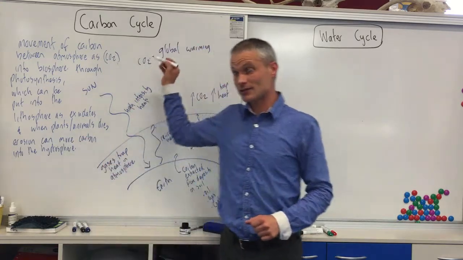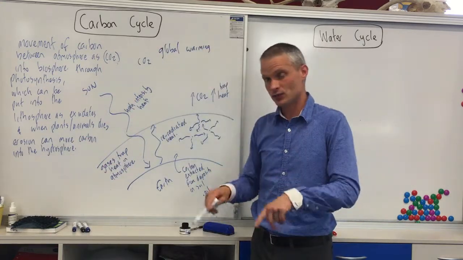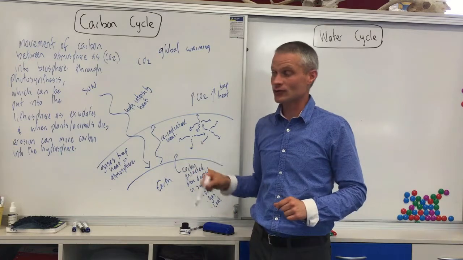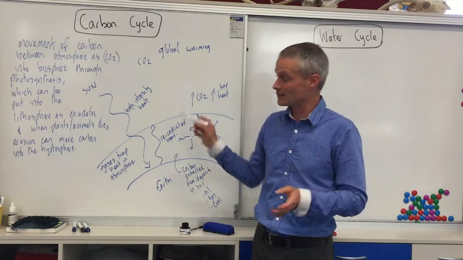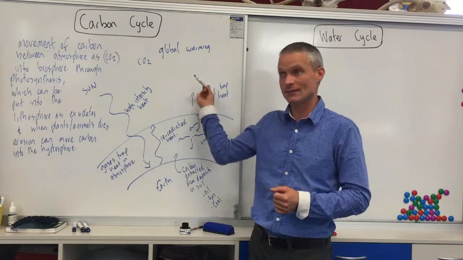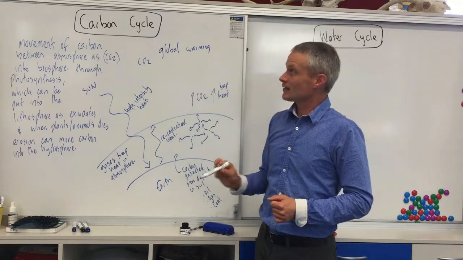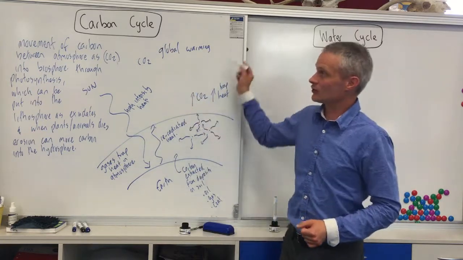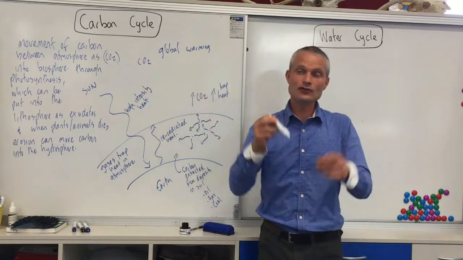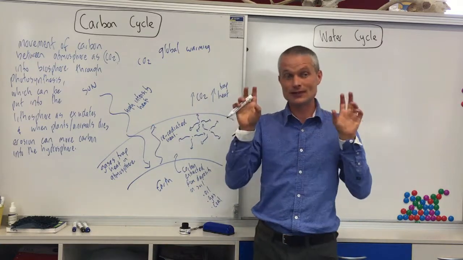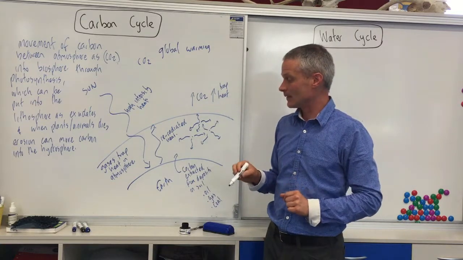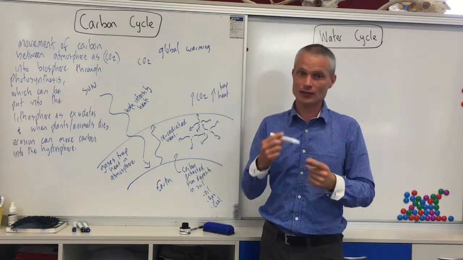And the carbon dioxide that's in the atmosphere can also be absorbed into the oceans or lakes or other elements of the hydrosphere, so it can move from the atmosphere into the hydrosphere. So what you're getting here is this picture of how carbon can move between the different spheres of the Earth as it's changing type from one form to another.